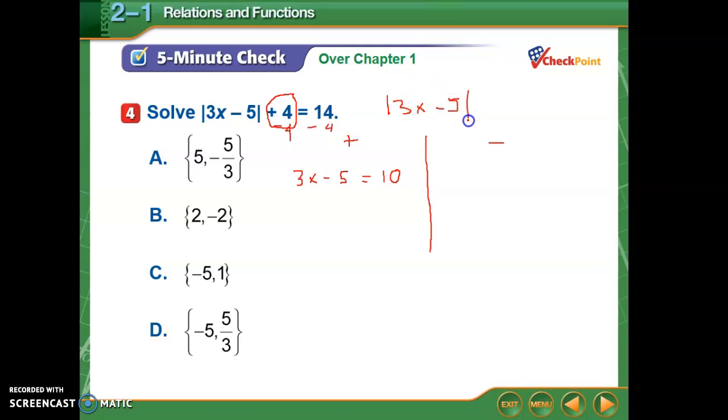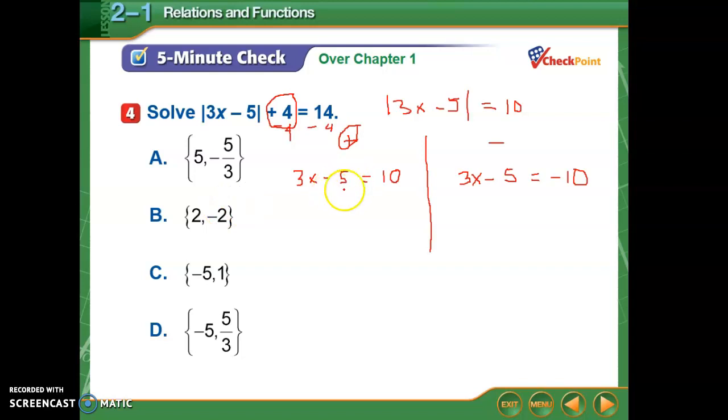This is the time that you are going to split into two cases. So the positive case is 3x minus 5 equals 10, and then the negative case, don't change the sign of 5 again, just bring it down, equals negative 10. And then you work it out.